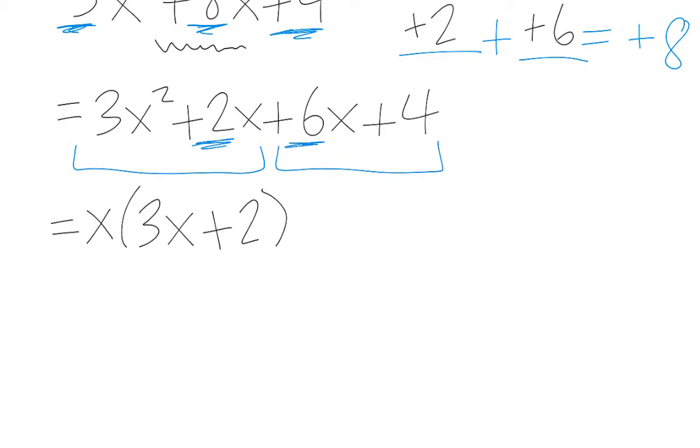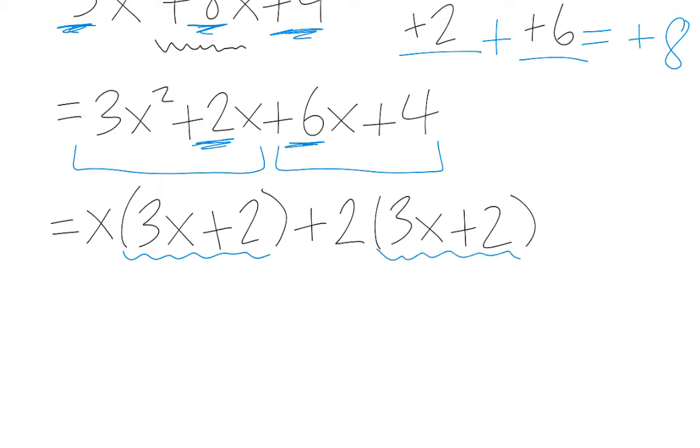I'm going to do the exact same thing with the second grouping. I have the numbers of 6 and 4. The greatest common factor of 6 and 4 is 2. And that leaves me with 3x plus 2 within the brackets. Again, you can use the distributive property to check your work. If you've done this properly, you should be able to factor out a binomial.